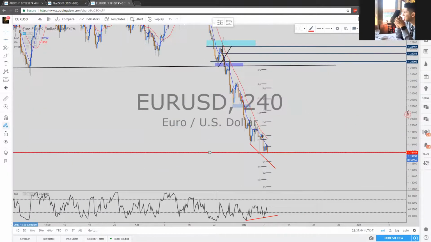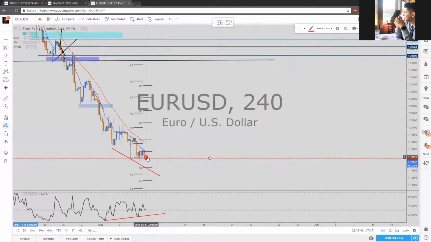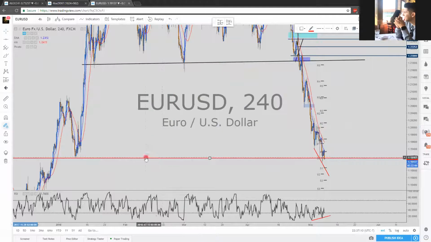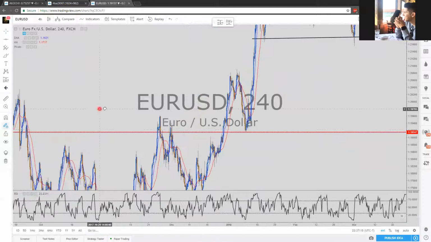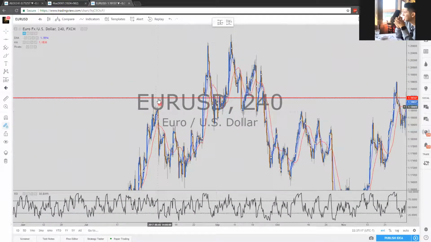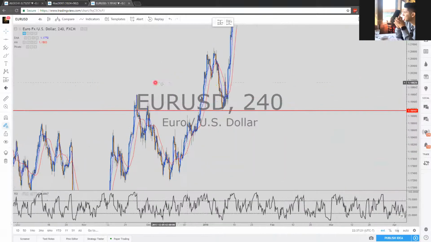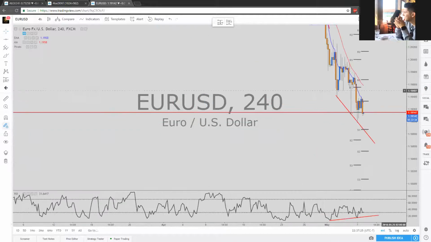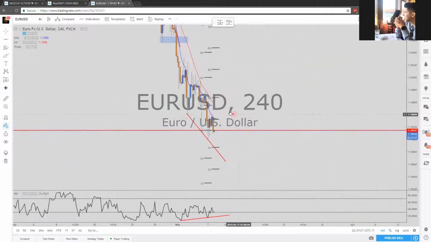Right now, the price is currently around where the support line is. We can see support line here, resistance here, and resistance on this side, also some support over here. So around this area is where I'm expecting the price to be reversing.